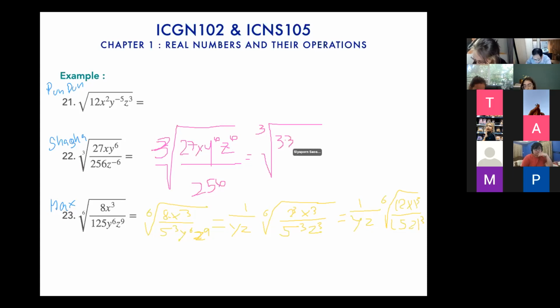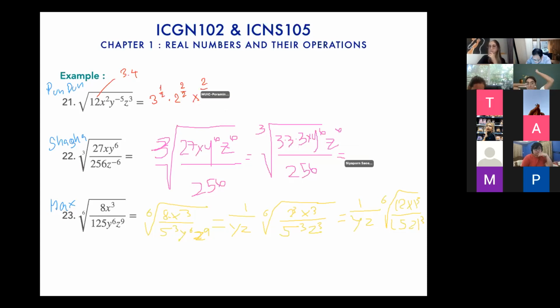So that means in this one for 12 I will make it 3 times 4, so that I can separate them, because 4 can be 2 squared. So I'll have 3 to the power of 1 over 2 times 2 to the power of 2 over 2 times x squared over 2, y to the power of negative 5 over 2, z to the power of 3 over 2.